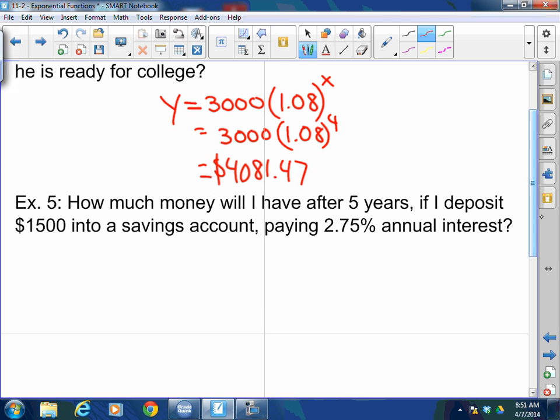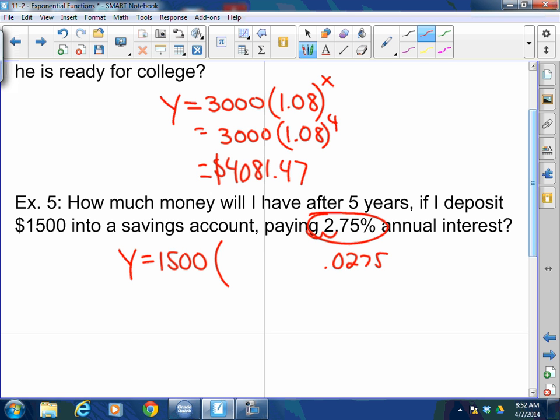Okay. How much money will I have after 5 years if I deposit $1,500 into a savings account paying 2.75% annual interest? Well, my y is going to equal my original amount a, which is $1,500, times, remember, 2.75% is 0.0275.